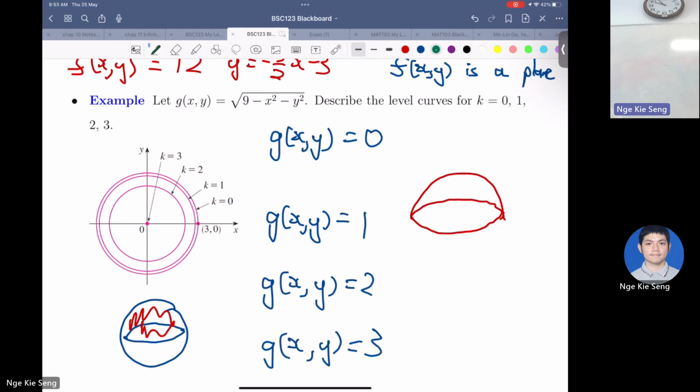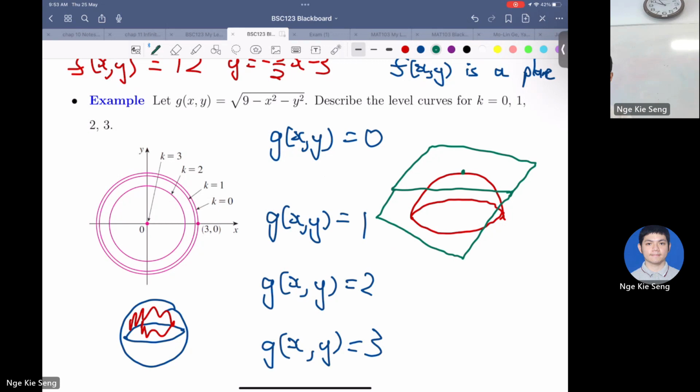So what a level curve does is you cut it through at every level. You cut it with a plane. When you cut it at the top, you just have a point, and then slowly the circle gets greater in radius.